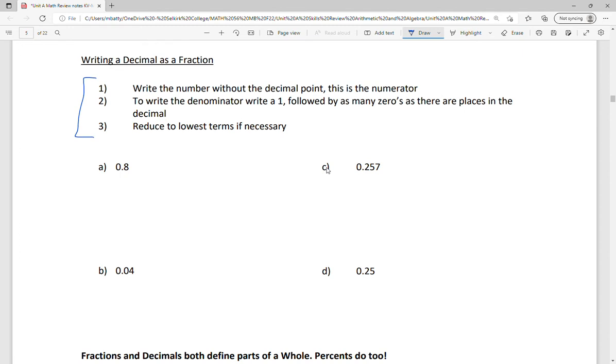What we're going to do is write down the digit that we see. So I see an 8 as our numerator. The denominator is going to be a 1, and then as many zeros as there are decimal places in the number. So I see 1 decimal place, so there'd be 1 zero there. So 8/10 is the way of representing that as a fraction, but it's not in lowest terms.